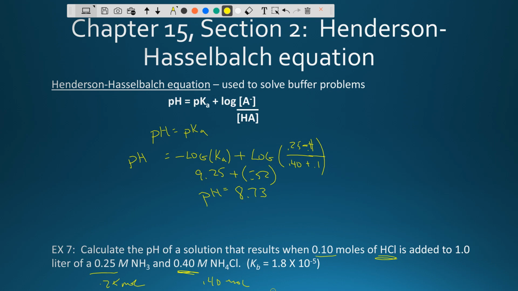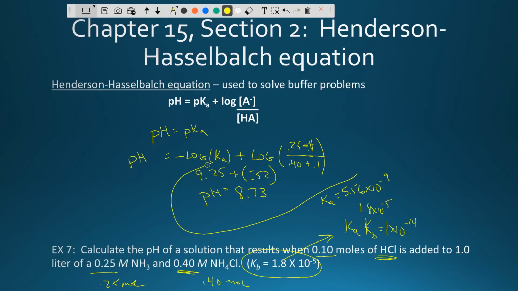Now, if I wanted to work this in reverse, because they gave me some values, the question is, wait, how did I get my value for my Ka? Remember, we saw this, my Ka times my Kb equals 1 times 10 to the negative 14. And so if I plug in the value 1.8 times 10 to the negative 5 here, my Ka ends up being 5.56 times 10 to the negative 9.